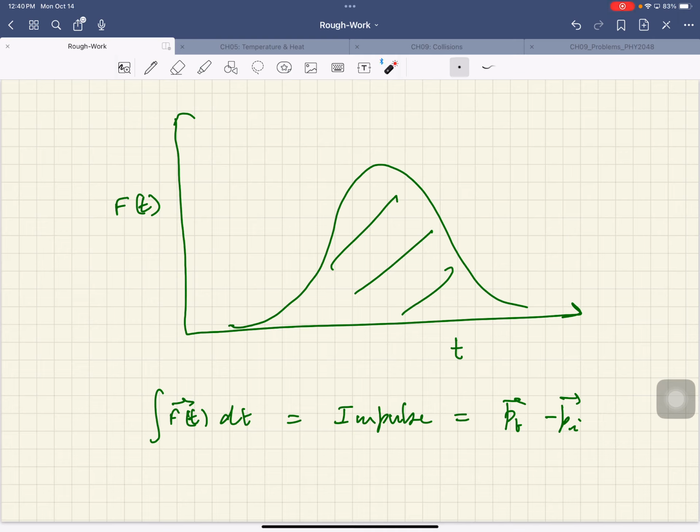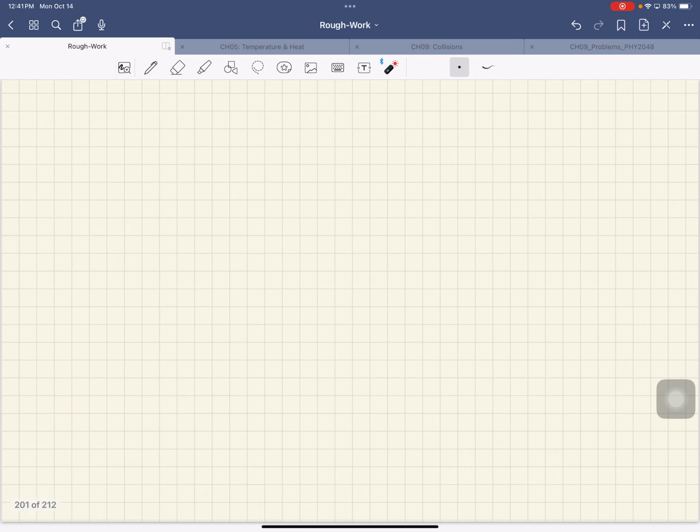Can you think of a situation where forces change with time? When do you encounter such situations? Every time you play a sport. Let's say this is golf.